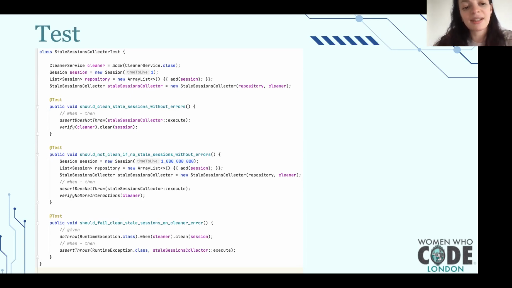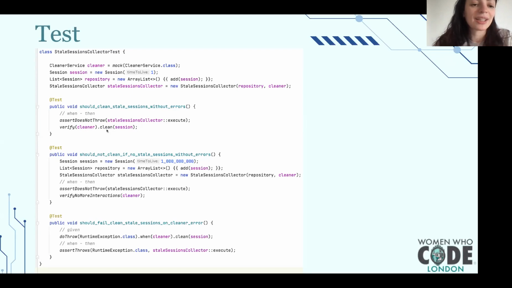So the first test is that we don't have to throw any exceptions. Everything should work when we execute the StaleSessionCollector execute method. I hope you know a bit about Java 8 syntax, but again, if you don't understand what's written here, please let me know. So here we just execute the StaleSessionCollector, and we also verify that our mock cleaner actually cleaned the session.